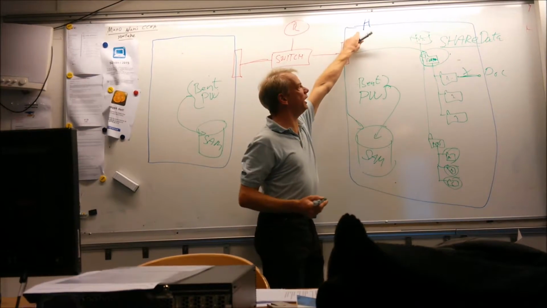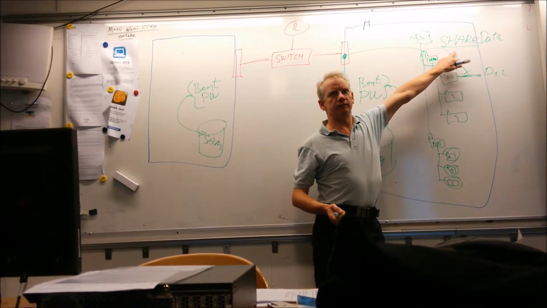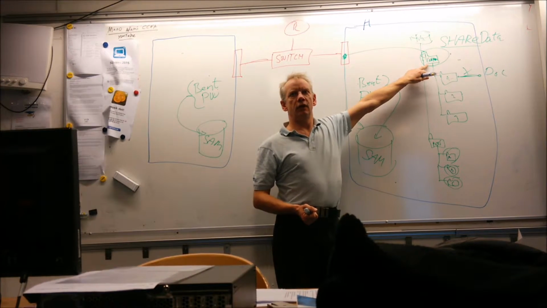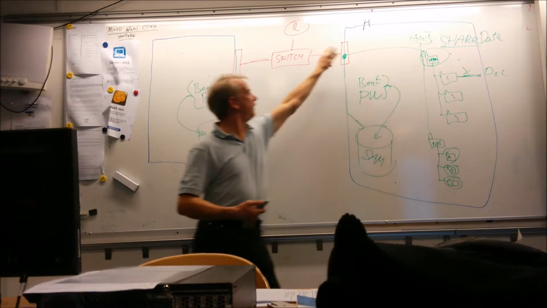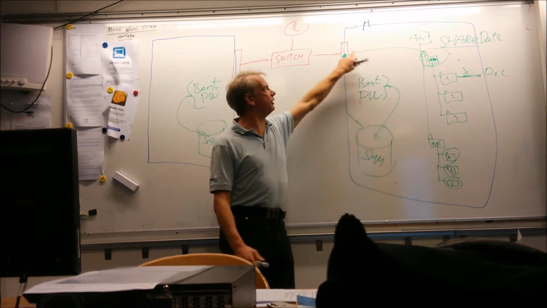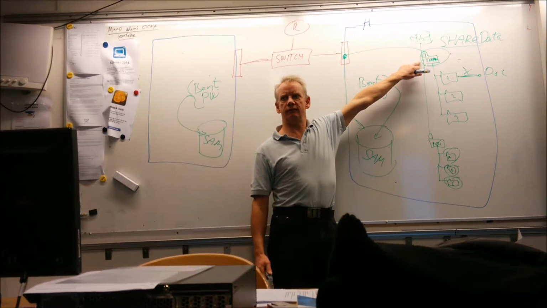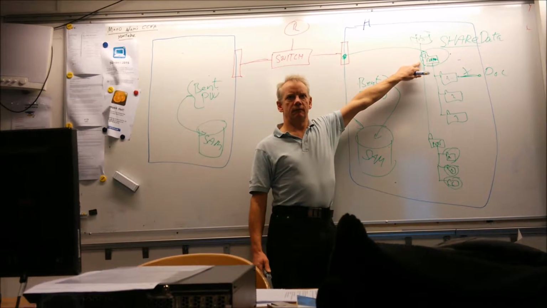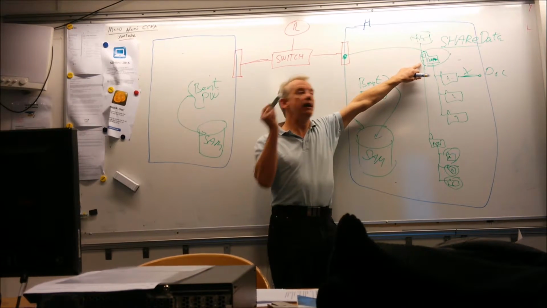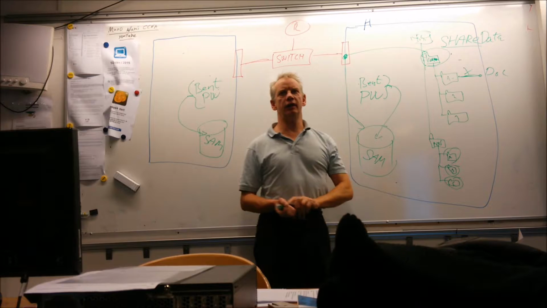I connect to A, share data. That means the pointer goes to this directory. When I connect to that share, it verifies in this SAM database that I'm actually allowed to use that share. If the share says, yes, you're allowed to read the data, fine. I am now connected to the share.